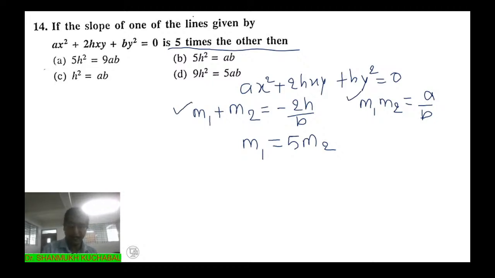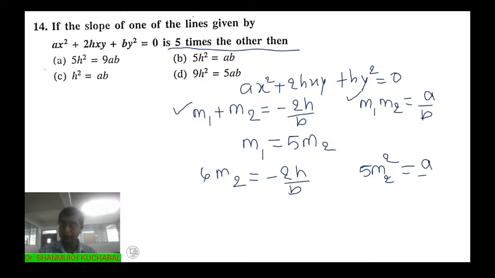We get 6 m2 equal to minus 2h divided by b. Similarly, here we get 5 m2 square equal to a divided by b. Both these equations we call equation 1.